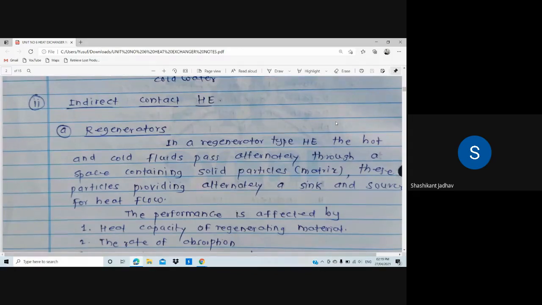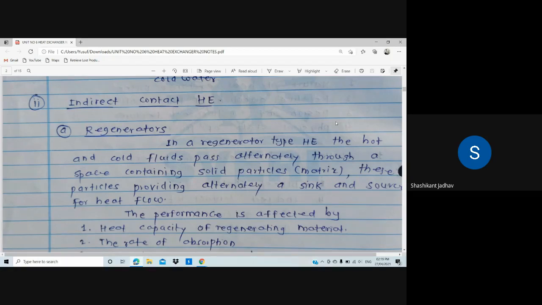Indirect contact heat exchanger. So already we have discussed what is meant by indirect contact heat exchanger, and in that indirect contact heat exchanger there are two types, that is regenerators and recuperators. Okay, so all of you write down indirect contact heat exchanger.